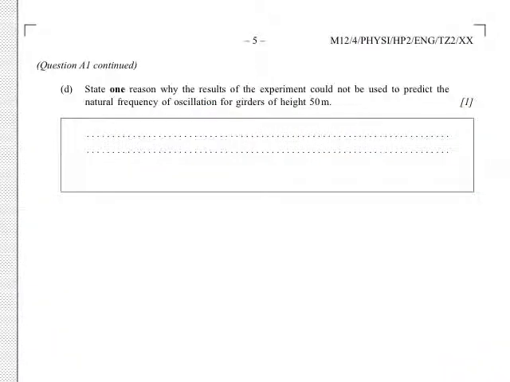Last question, state one reason why the results of the experiment could not be used to predict the natural frequency for a height of 50 meters. Well, if you check your graph, it only goes up to 45 meters. And what's this question actually about?